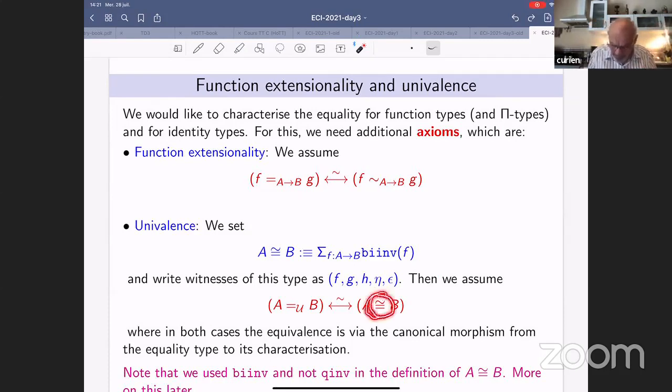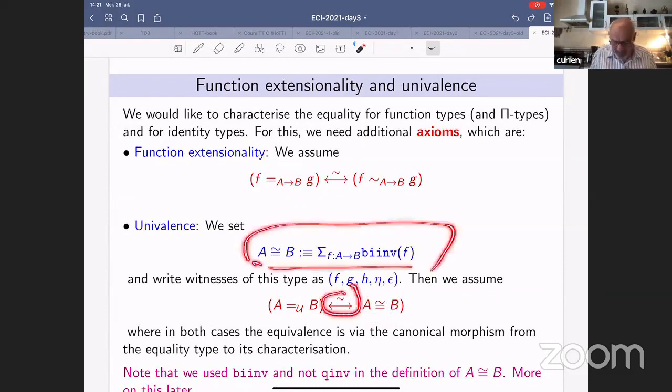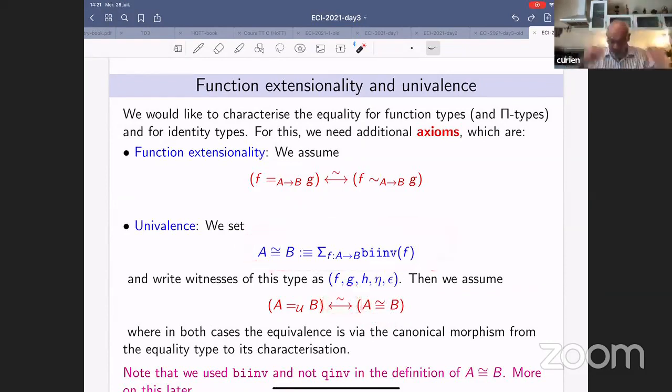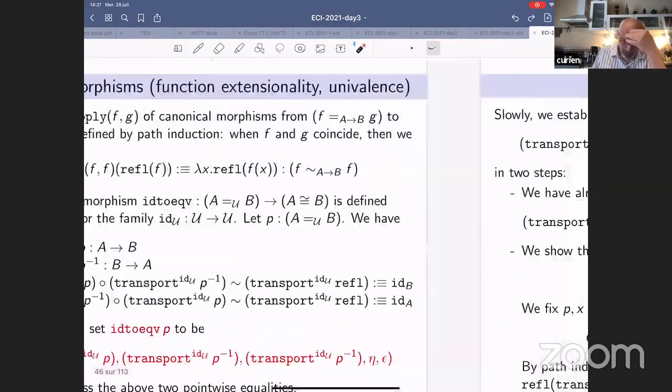This symbol is a serious internal symbol that I can only use when I form a new type, while this one is more meta-theoretical, if you want. It is just to say that I have two functions that are quasi-inverses one to the other.